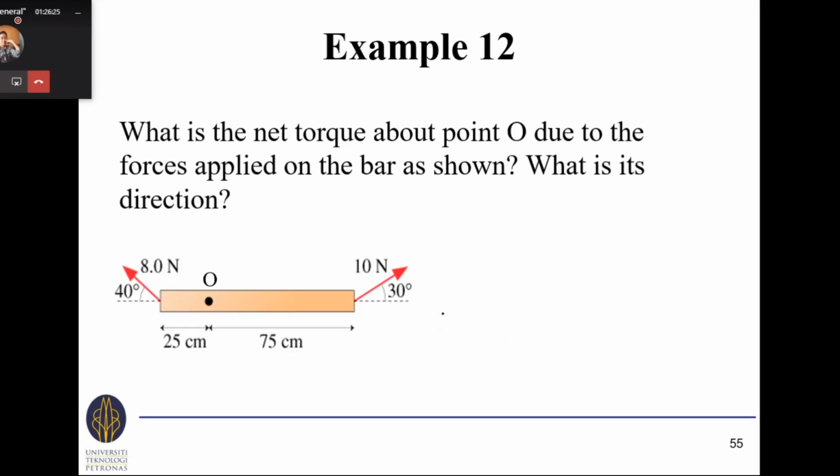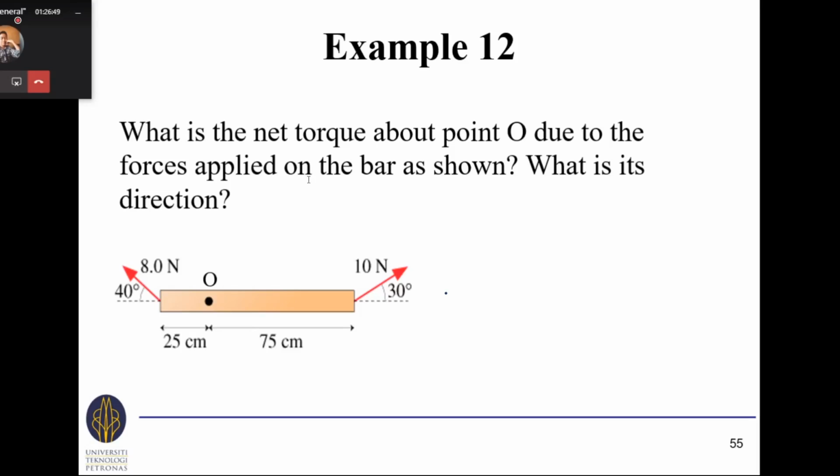Referring to example 11, I give you another example, example 12. Again, do it one more time, but we have two forces with angles. I'm giving you 3 minutes to try to calculate this. Let me give you the answer.